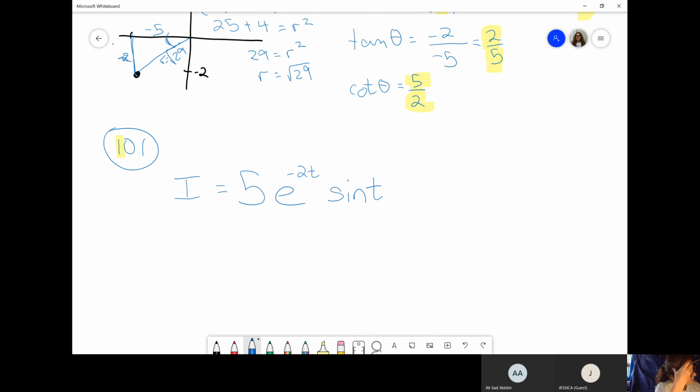The model is given where t is the time in seconds after the voltage is applied. Approximate the current at t equals 0.7 seconds. So you're going to replace the t with 0.7.